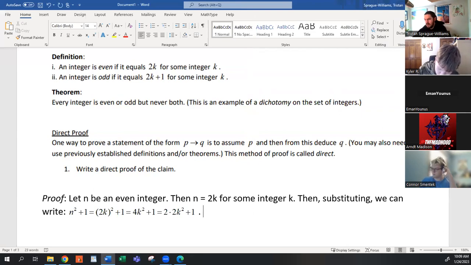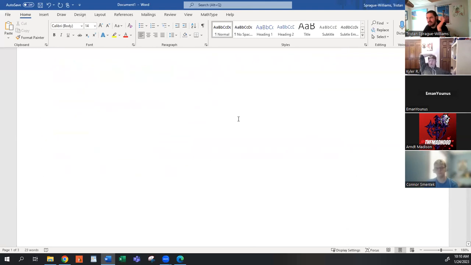Okay, so what I have done is written n squared plus 1 now in the form 2 times 2k squared plus 1. Now going back to the definition of an odd number, an integer is odd if it equals 2k plus 1 for some integer k. Now the k in question doesn't need to be the same number.